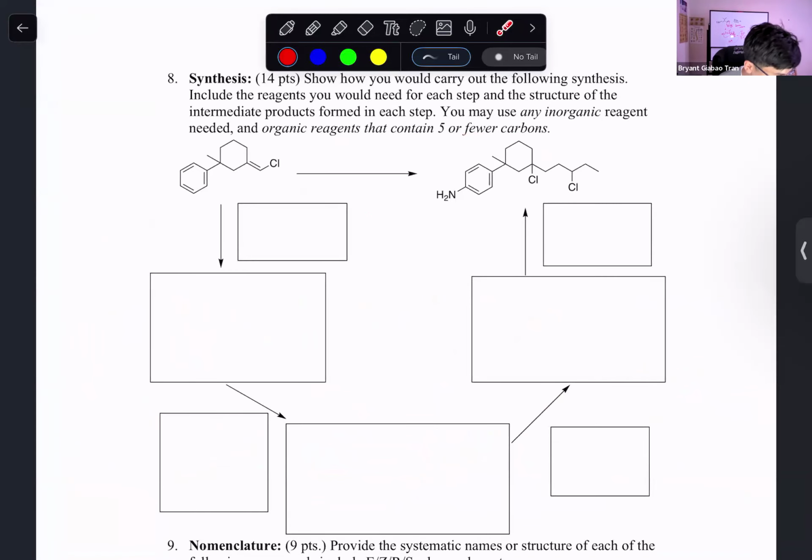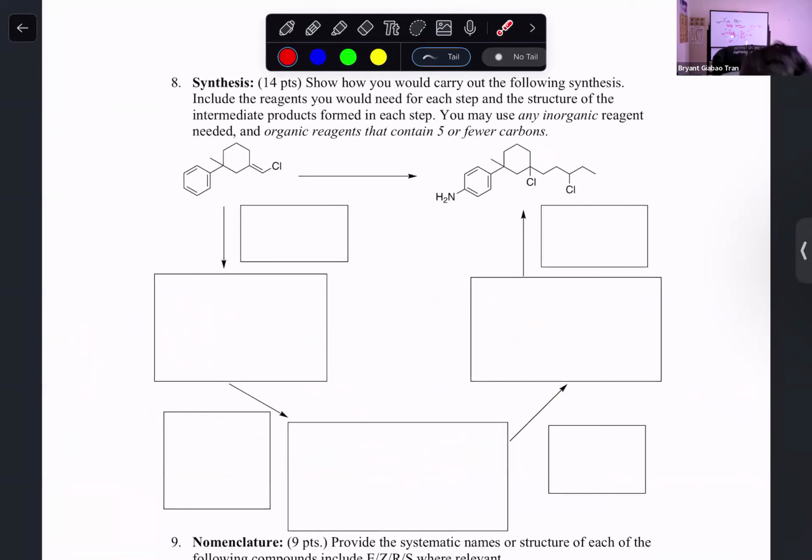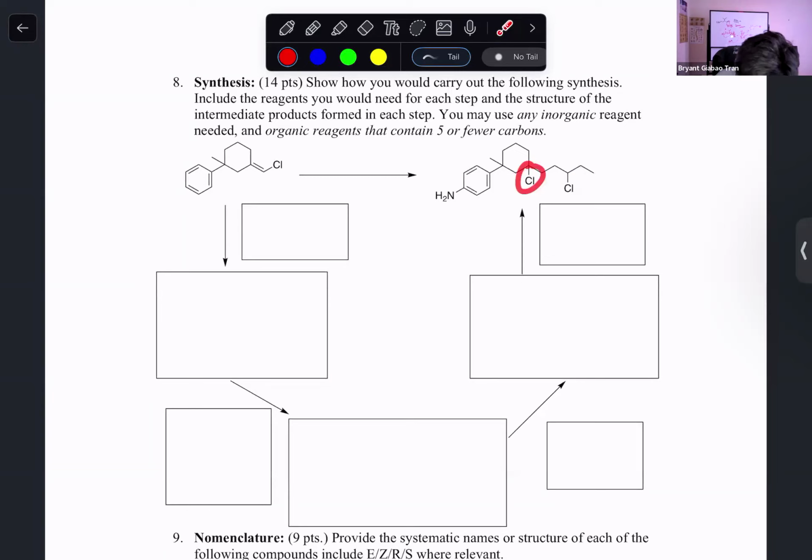So what reaction do you guys think we used to put 2 halogens on this system right here? Like what reactant came from this portion here? When you see 2 halogens like this, think of 1,4 addition, 1,2 addition.